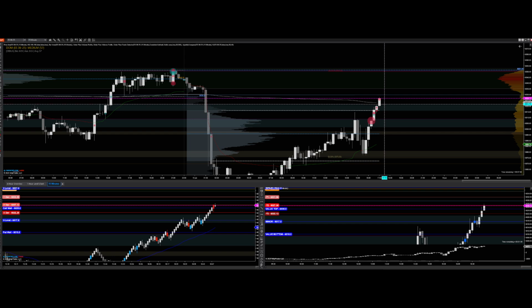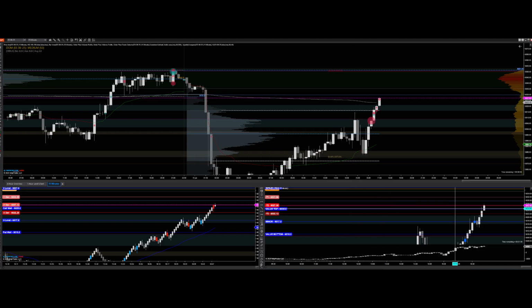Now we're getting some big orders at around V.O.M.A value top T2. I'm having red delta candles as well, meaning price will be stalling here.